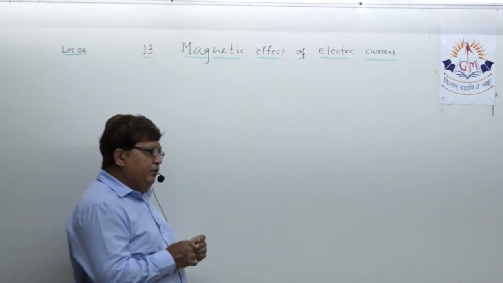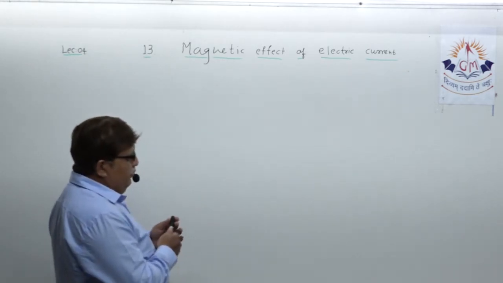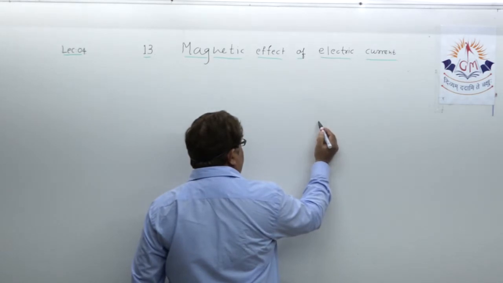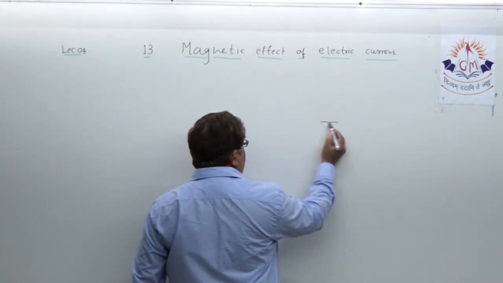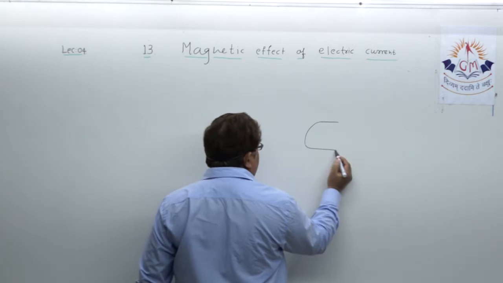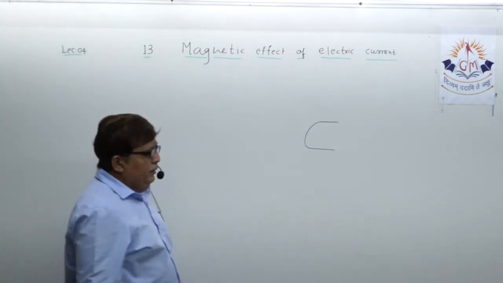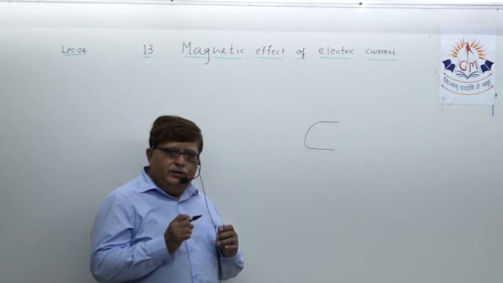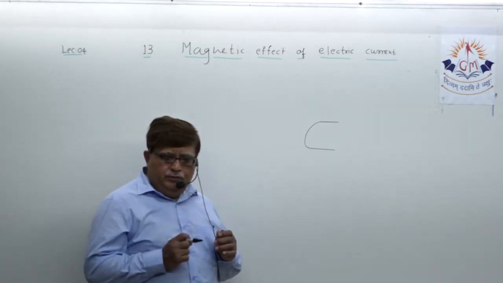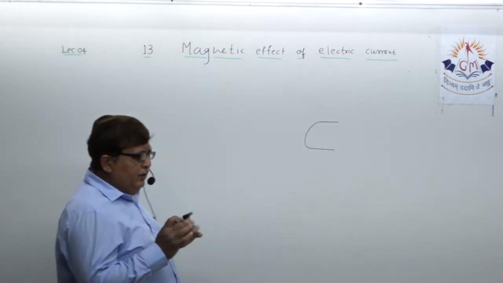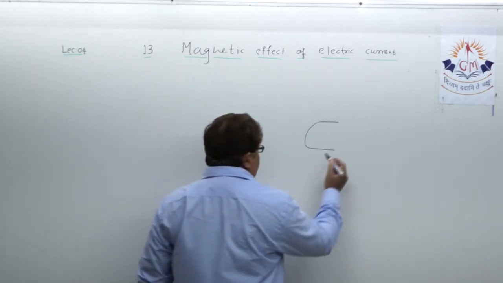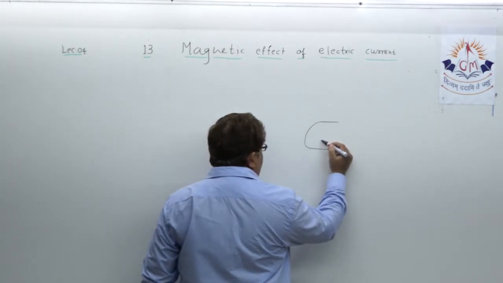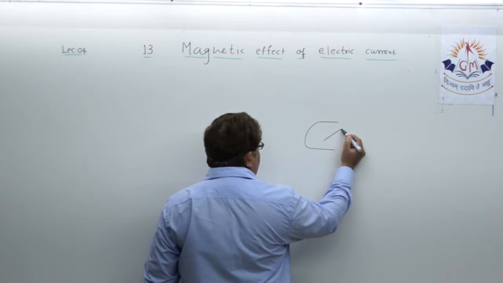Just try to understand. We'll do it first, then draw the diagram. But in the experiment, what they are trying to understand is that suppose this is any magnet. A magnet has got a magnetic field, that you all know. What they are trying to explain is that inside this magnet, suppose you keep a conductor.